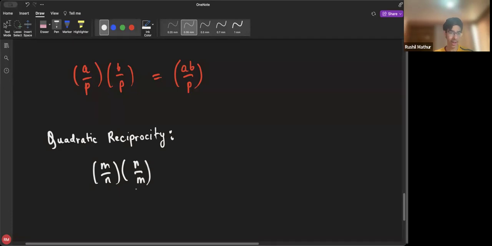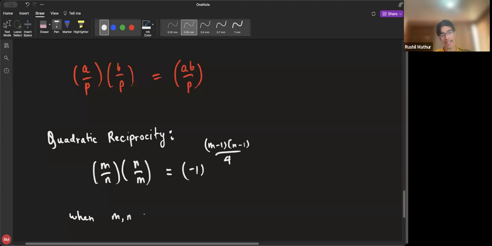But I'll just tell you how it works in general. This says that (m/n)(n/m) is true when m and n are odd.